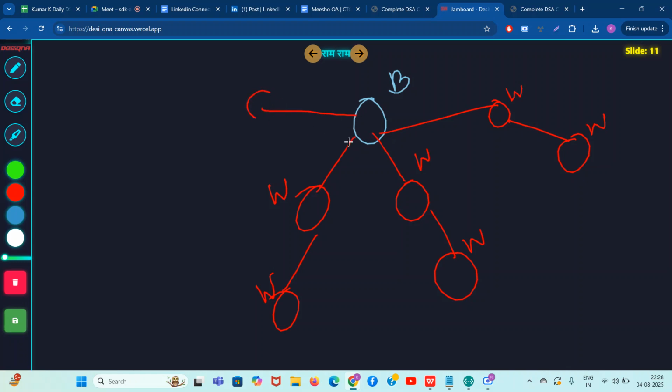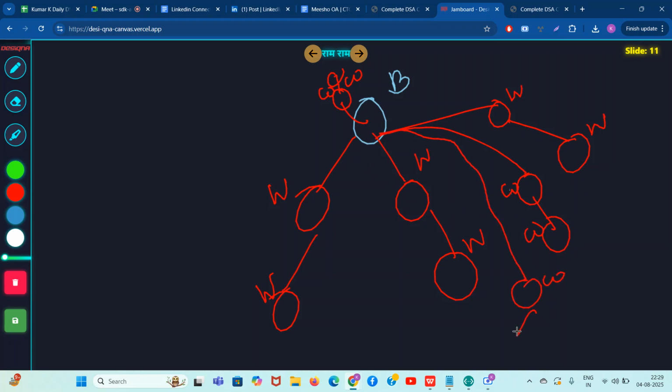Let's say its parents, if I'm making a vertical line, they are the parents, white, and this is also white only. Or let's say only one node above is there, and that is white. Let's say one more white. So two nodes above are white, three are there below. Let's say this is also there, white, white, and let's say there is one more branch here, white, white, white.